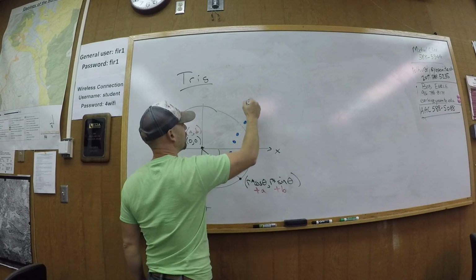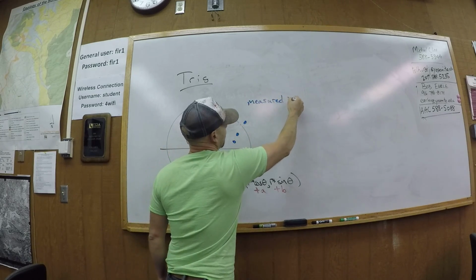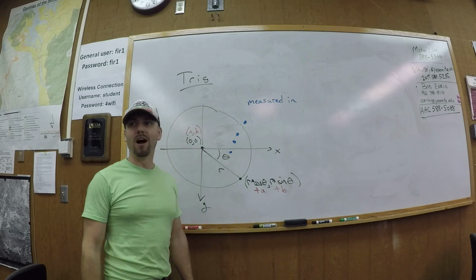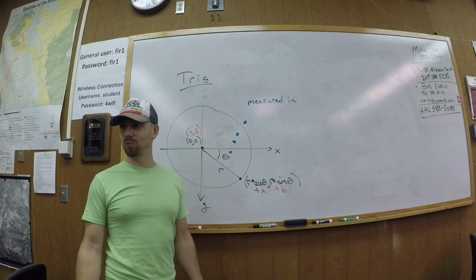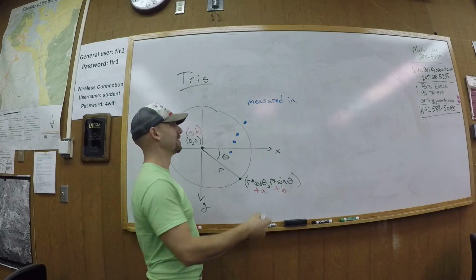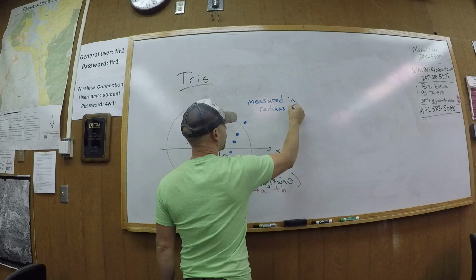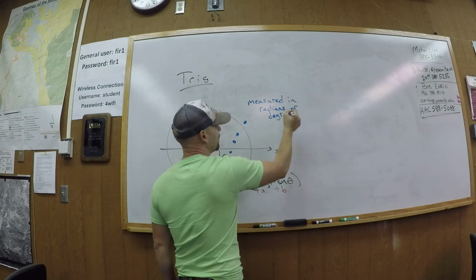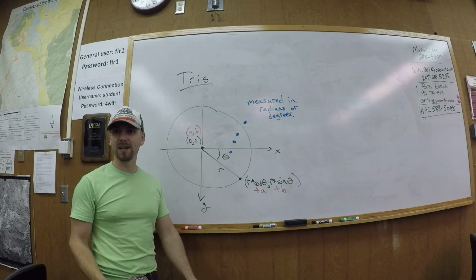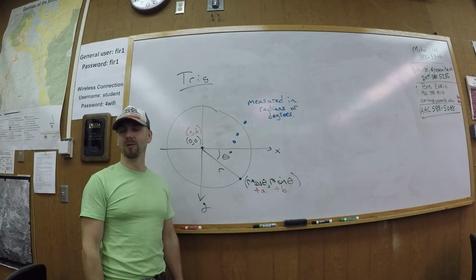One further thing. Angles get measured in either radians or degrees. You want to know which one you're working in. It doesn't particularly matter to me that you know what the difference between radians and degrees are, only that you know that it matters which one you're working in.